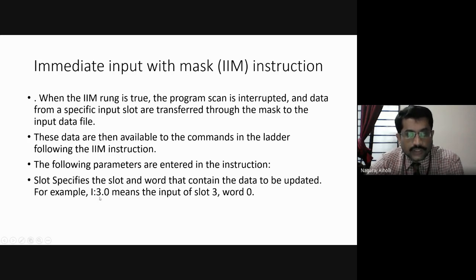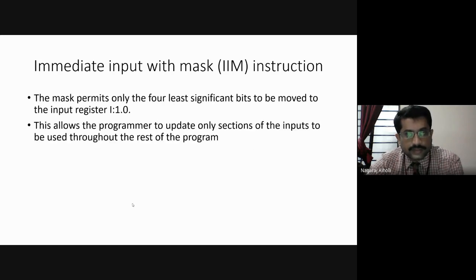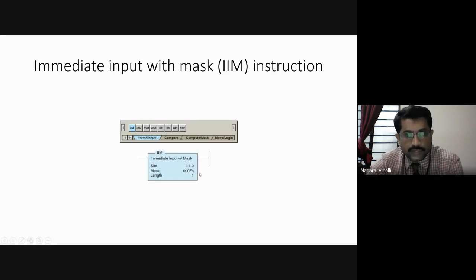This contains the slot number and the word number which should be updated to the input image table file. In this instruction we see slot number I:1.0. It can be anything, it can be I:3.0 or I:3.5, I:3.7.